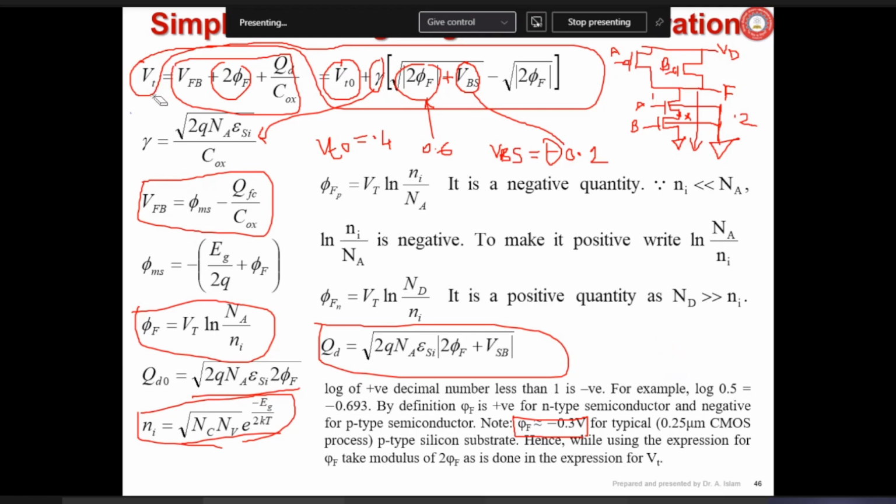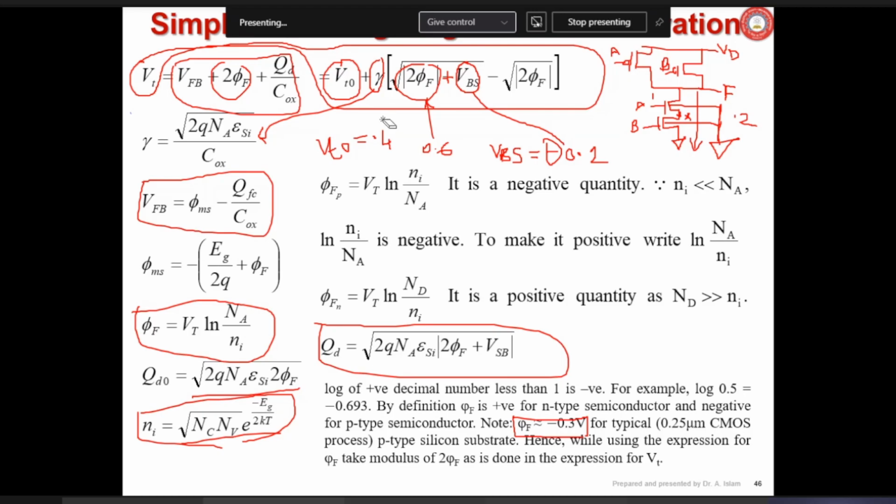Now here we have written an equation of threshold voltage: Vt equals VFB plus twice phi plus QD by COX, or Vt can also be written as Vt equals Vt0 plus gamma into the square bracket of square root of mod of twice phi minus VBS, or plus VSB, minus square root of mod of twice phi.